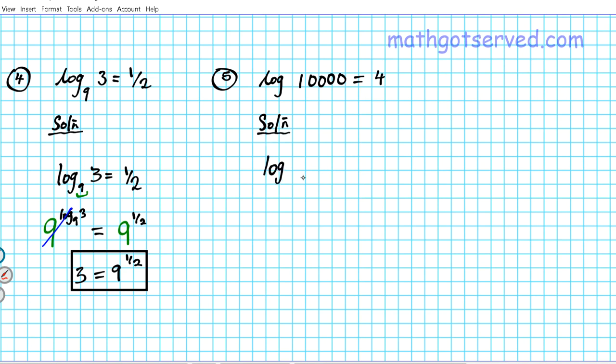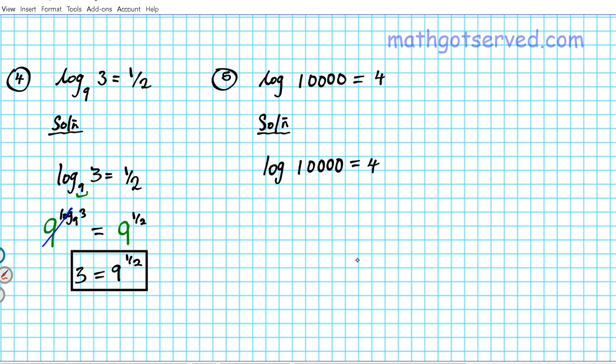Let's do it. So log of 10,000 is equal to 4. Okay, now we need to exponentiate both sides of this equation using the base of the log as our basis for exponentiation. So what's the base here?